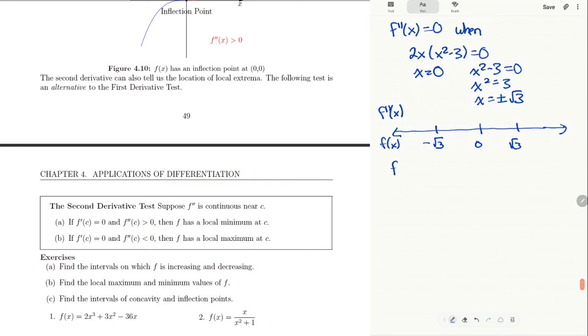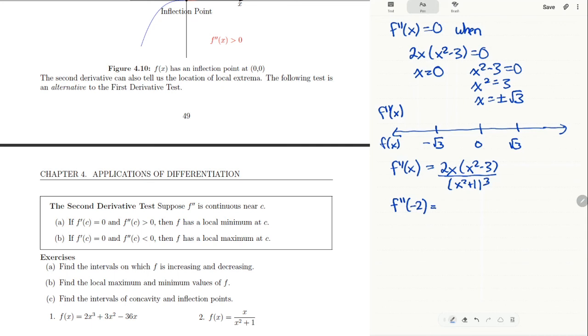So now let us test the sign of the second derivative within each of these intervals. So we know that the second derivative was 2x times (x squared minus 3) all over (x squared plus 1) to the power of 3. So now let's choose a number between negative infinity and negative root 3, for example, negative 2.